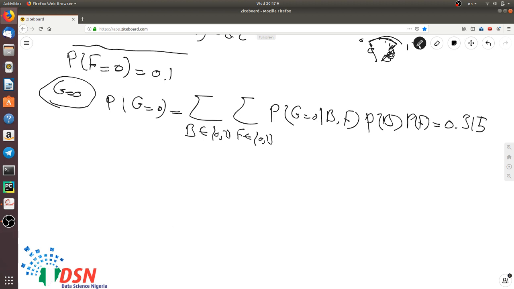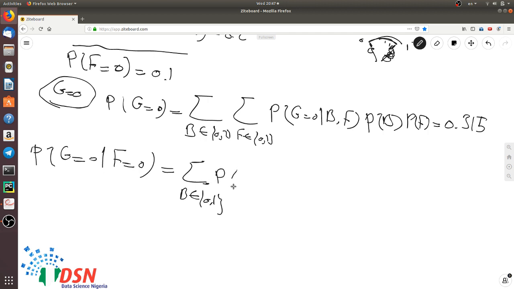And if we want to calculate the gauge is 0, conditioned on fuel tank is 0, we could use this equation again, which gives approximately 81%.